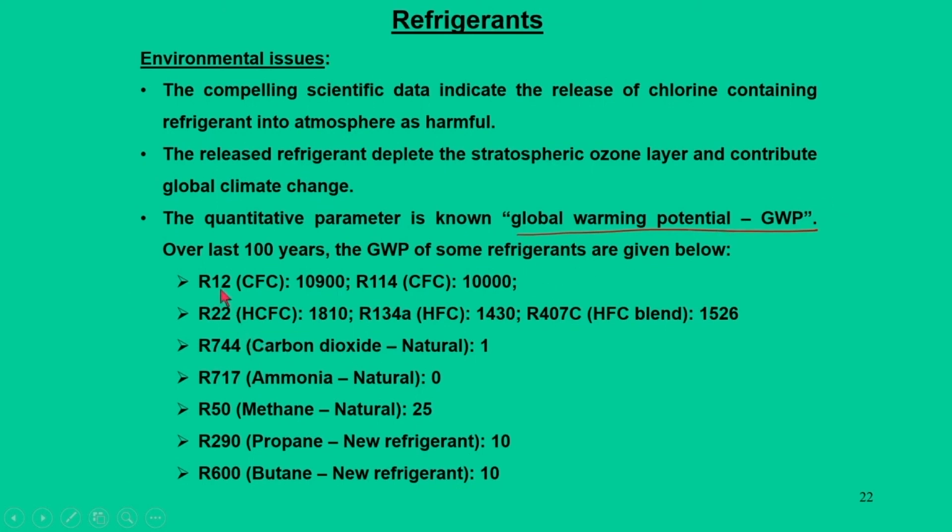It is found that for CFC category refrigerants like R12 or R114, the GWP is higher than 10,000. But for HCFC or HFC type refrigerants, the GWP is more than 1000. So, these refrigerants are to be discarded.